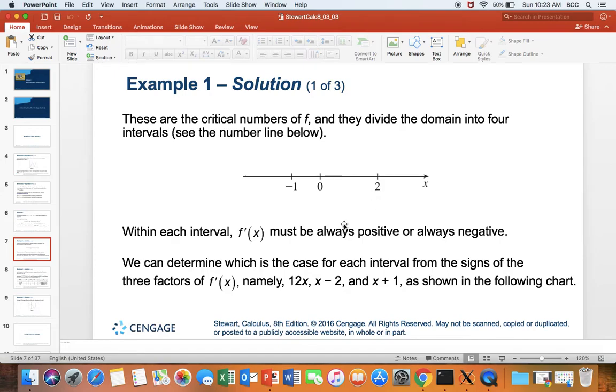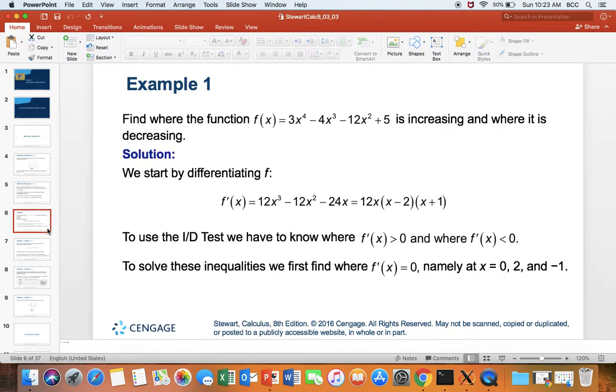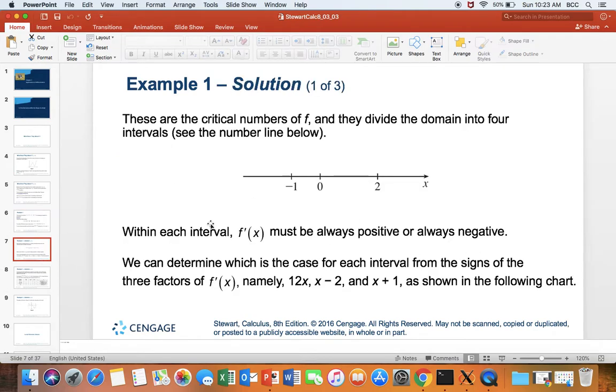0, 2, negative 1. You make these marks on your number line. These were the numbers where f prime is equal to 0, and they are very important because they become your cut points. They cut your real number line into pieces.